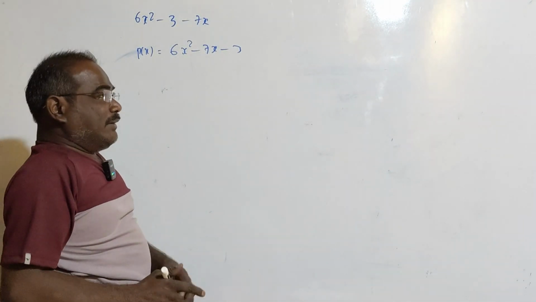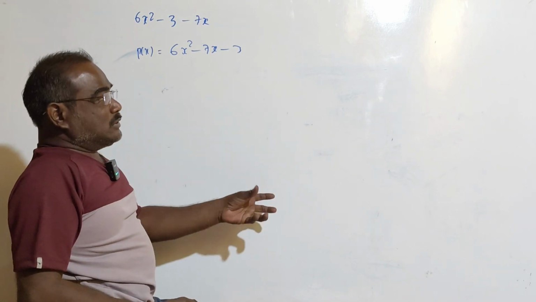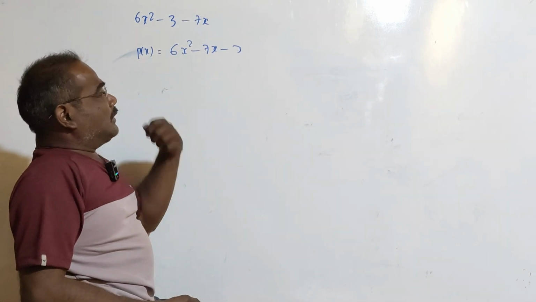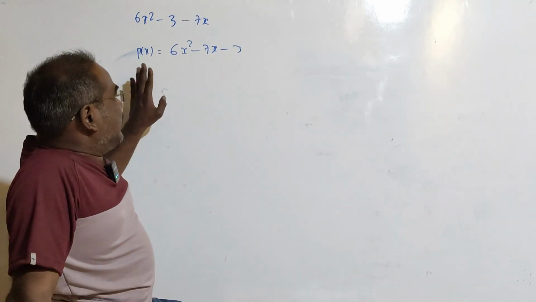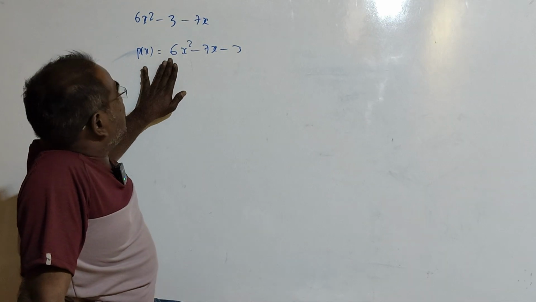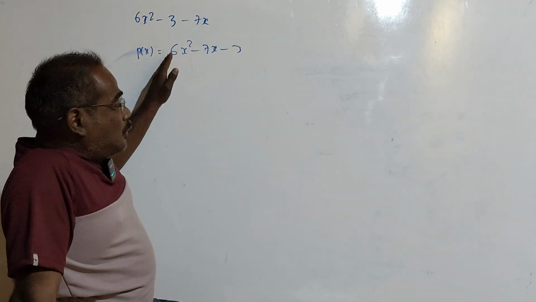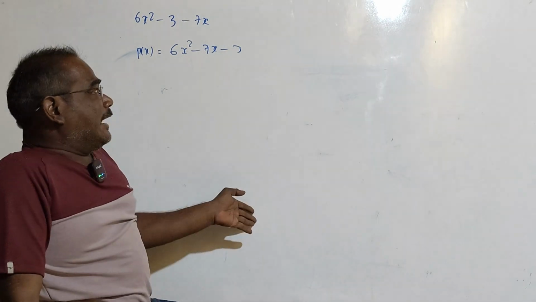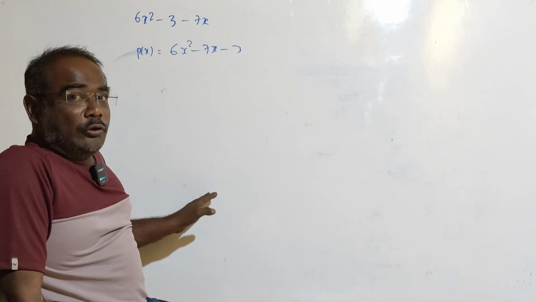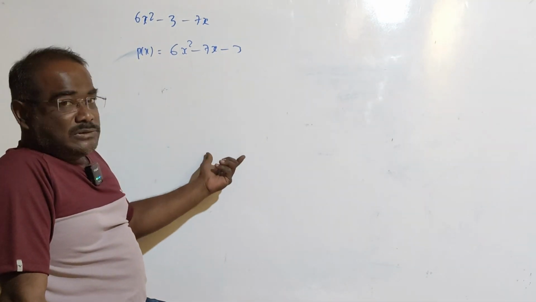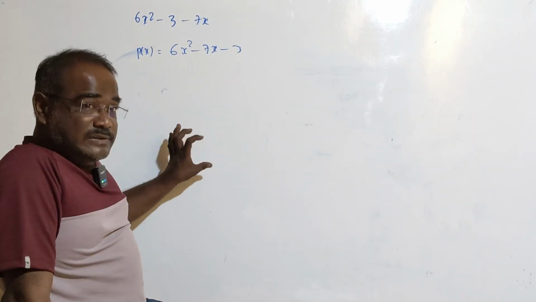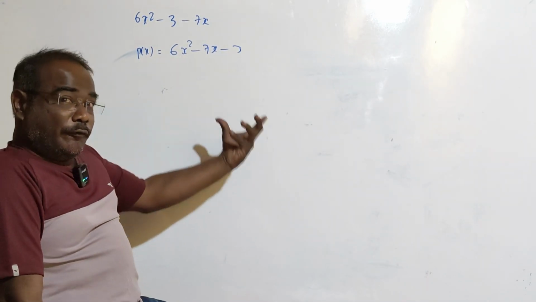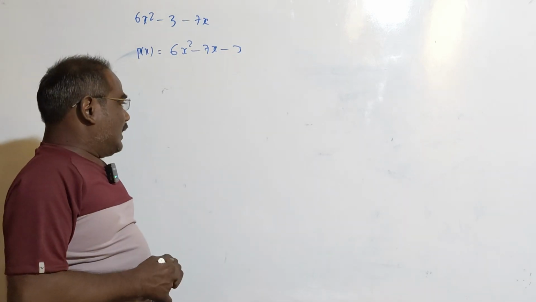Next, he will give zeros, and we need to frame the quadratic polynomial. In this class, he has given a polynomial and we try to find zeros. Next, he gives zeros and we need to frame a quadratic polynomial.